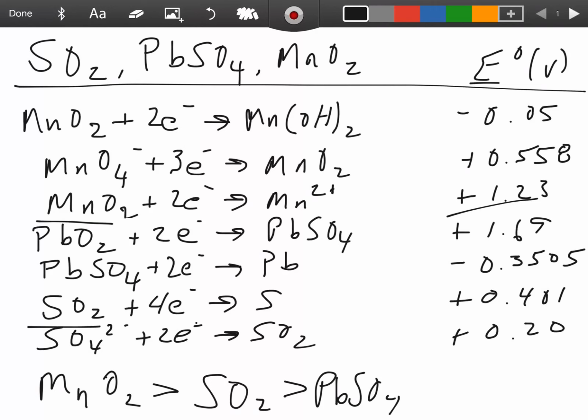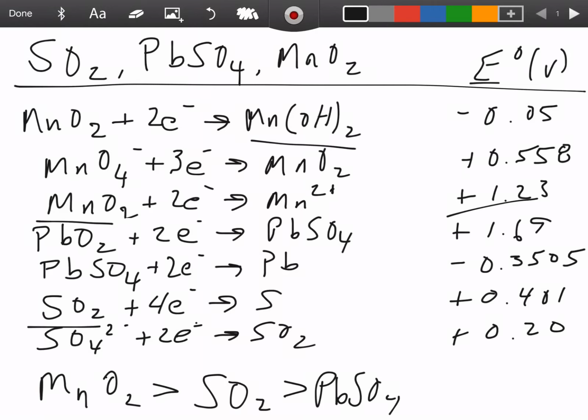Now suppose I turn the question around and ask which of these three species would be the best reducing agent. If it's a reducing agent, that means it has to be oxidized, and the only species on these half reactions being oxidized are those in the products. So Mn(OH)2 gets oxidized if the reaction goes in reverse and becomes MnO2 plus 2 electrons.